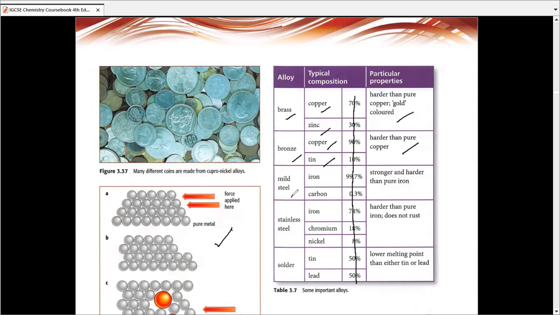Next on the list is mild steel, which is stronger and harder than pure iron. This is because of the very small addition of carbon atoms to iron, right? So keep in note which element we're adding and what property we're getting out of it. For stainless steel, the name stainless comes from the fact that the steel cannot be rusted and thus cannot have a stain.